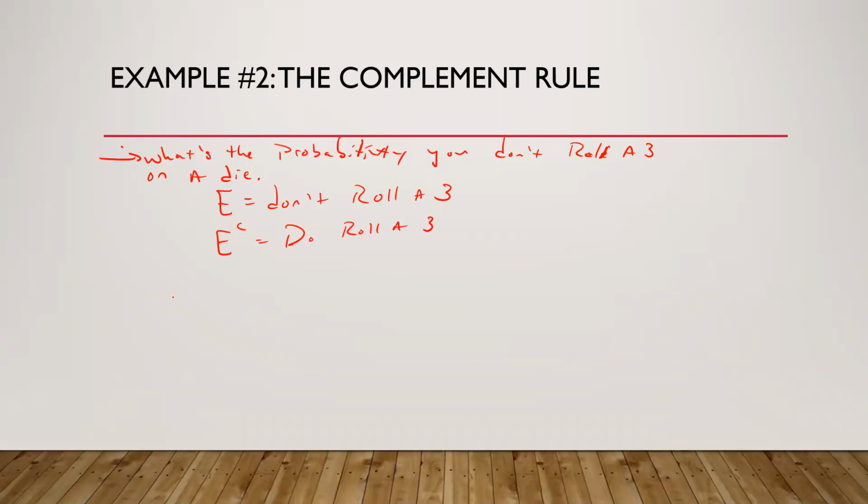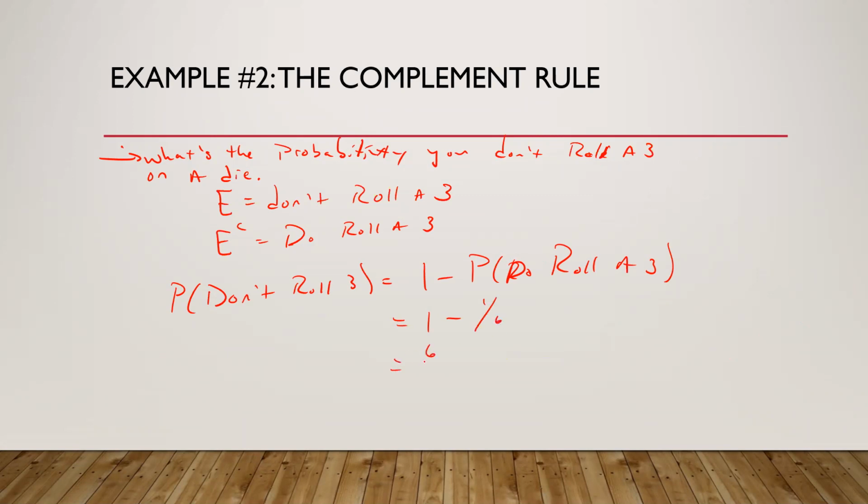So the probability that you don't roll a 3 is equal to 1 minus the probability you do roll a 3. So this is 1 minus, what's the probability you roll a 3 on a 6-sided die? 1 out of 6. Yep.